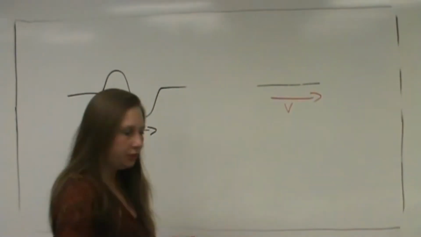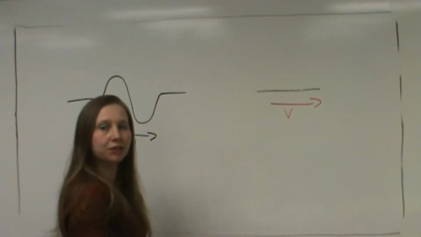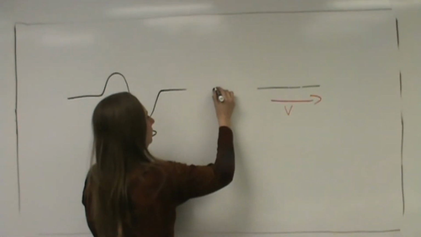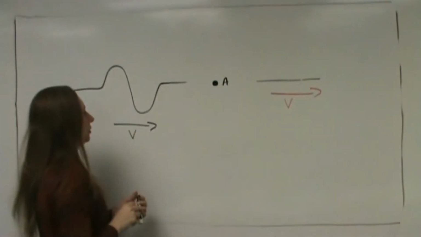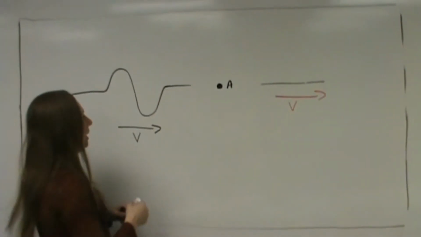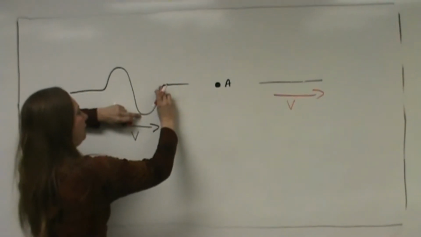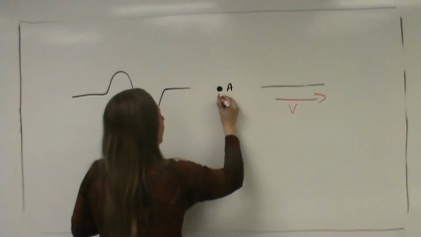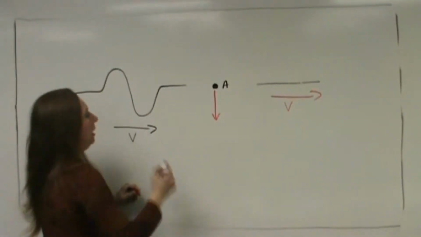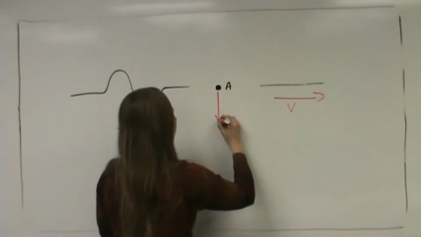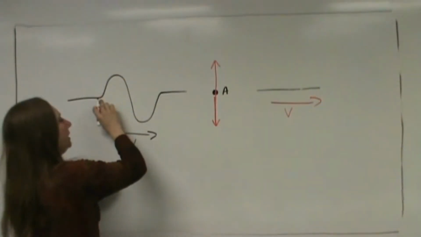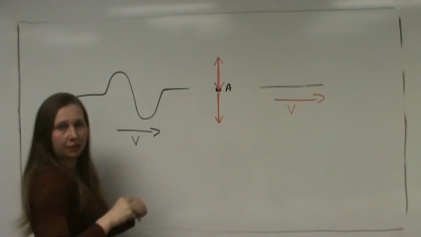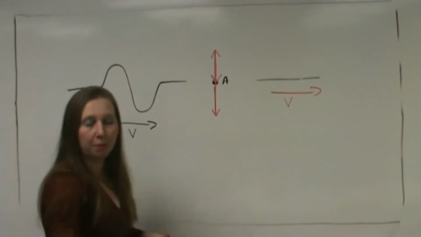So how does point A move as the pulse passes it? For this particular pulse, as it passes, point A is going to have to go down, that's straight down, and then up, that's straight up, down to the equilibrium position. So in essence, after the pulse passes by point A, the displacement of point A ultimately is 0.